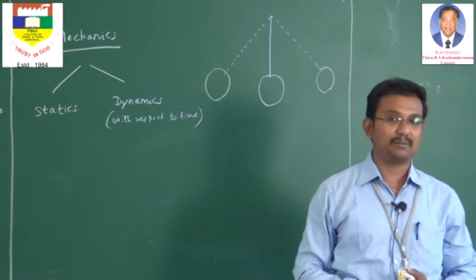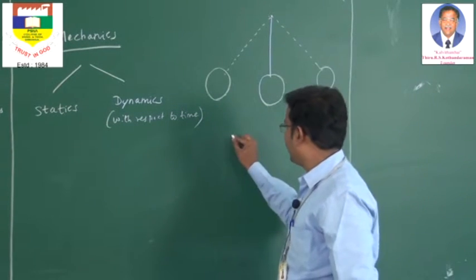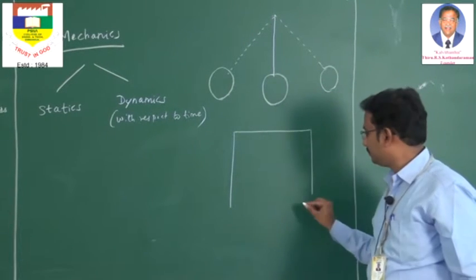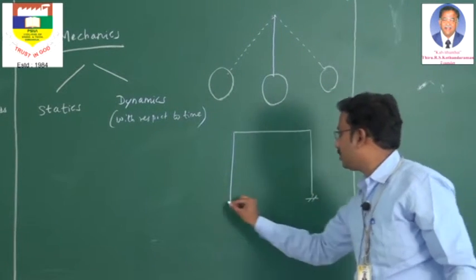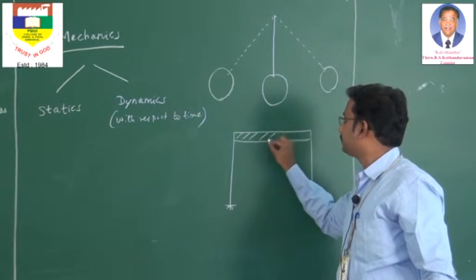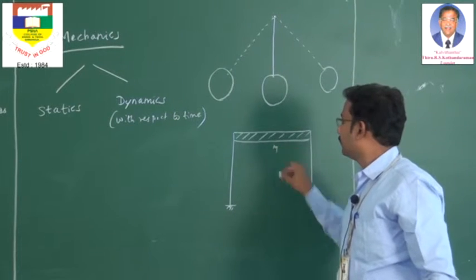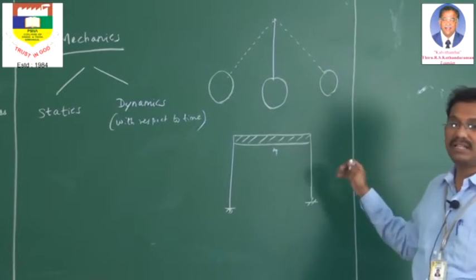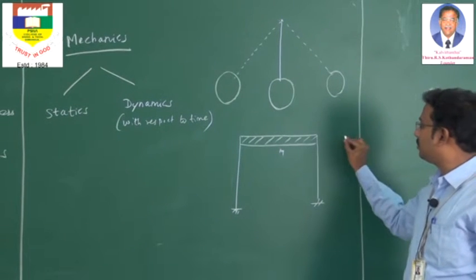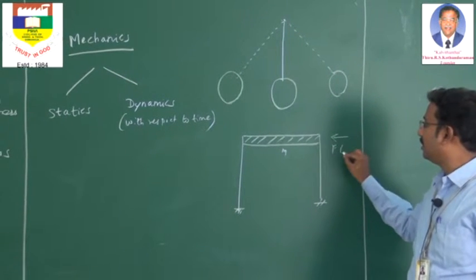Some other common examples we can say, like you take any structure like a portal frame. It has got some mass and some columns, that is two columns are there and a fixed mass is there. Now this portal frame, if it is subjected to some external force, say f of t.